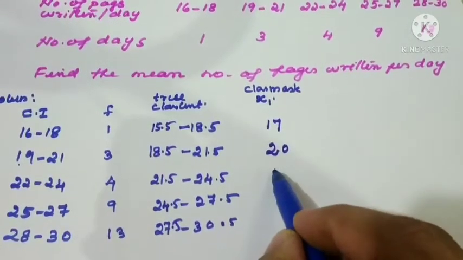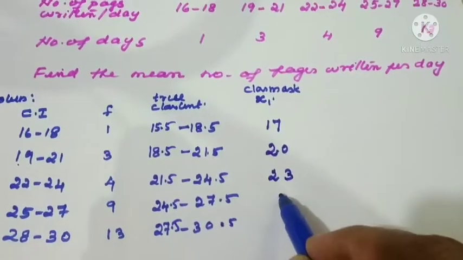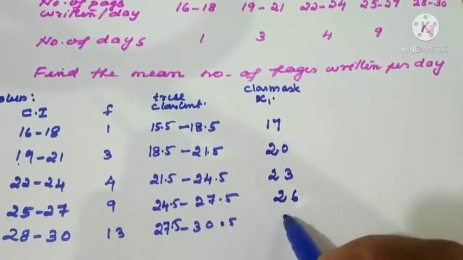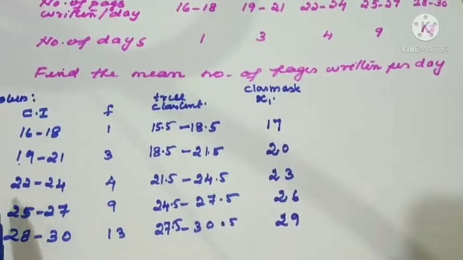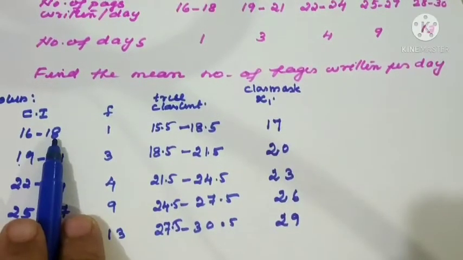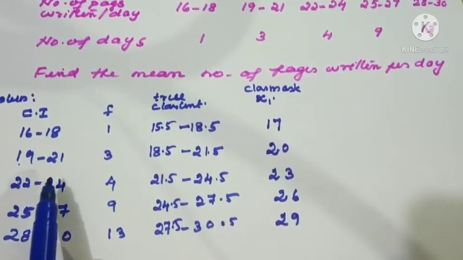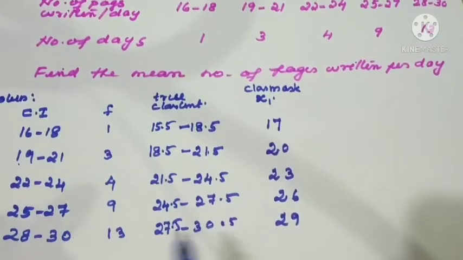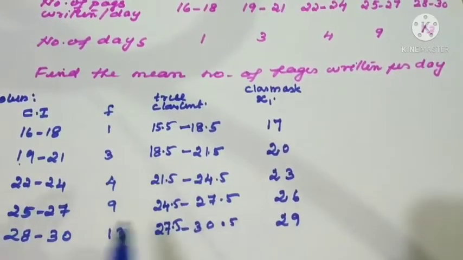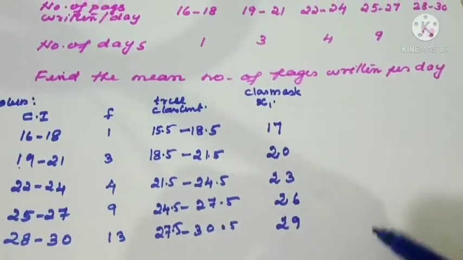And next 23, 26, then 29. Just to cross check, the class width should be equal everywhere. 18 minus 16 is 2, 21 minus 19 is 2, 24 minus 22 is 2, here also 2. If any class width is different, then the class mark will also change.